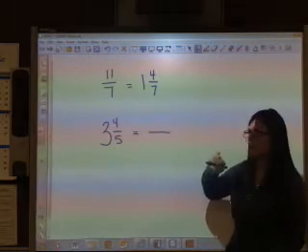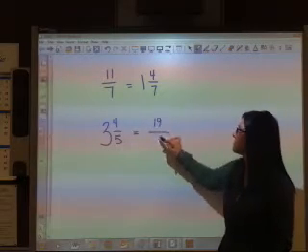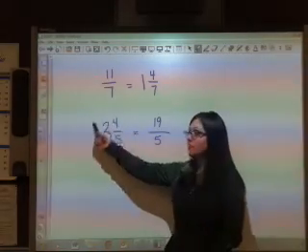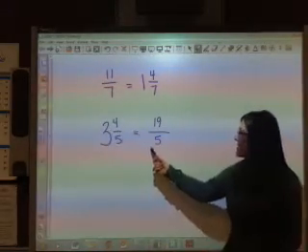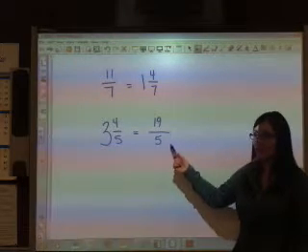And what do I get when I go 3 times 5 plus 4? So what this means is if I have 3 and 4 fifths, it's the same as having 19 fifth-size pieces.